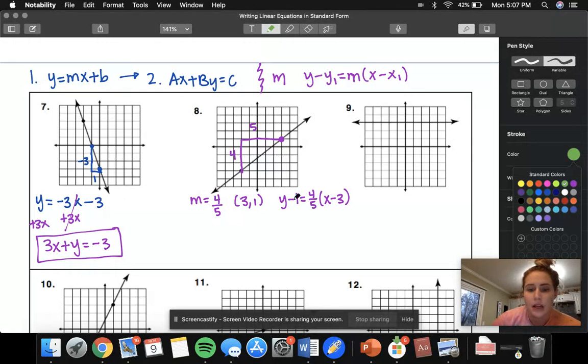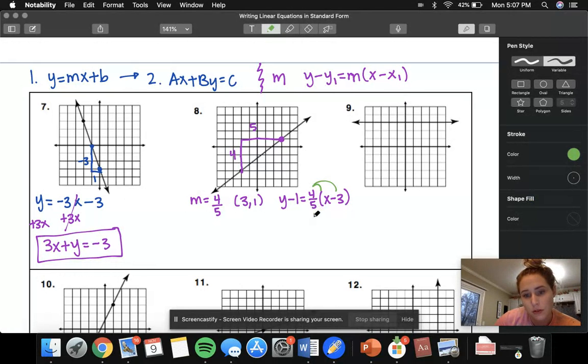Okay, so now I'm going to convert this into slope-intercept form. So I'm going to distribute the 4/5 to x and -3. 4/5 times -3 would be -12/5. And I'm just going to keep it like a fraction right now, because why not?